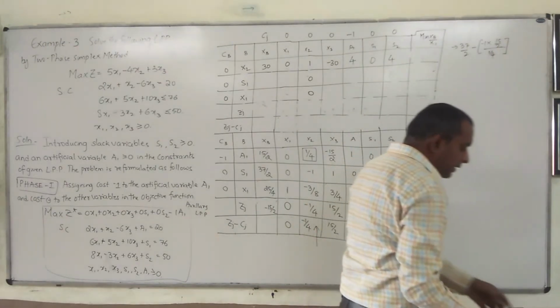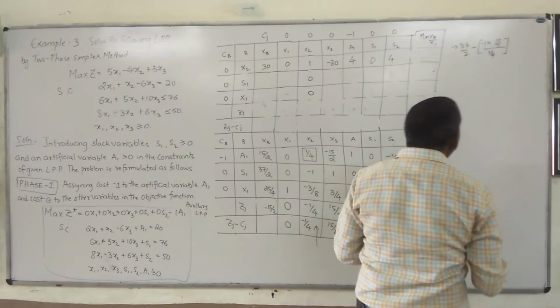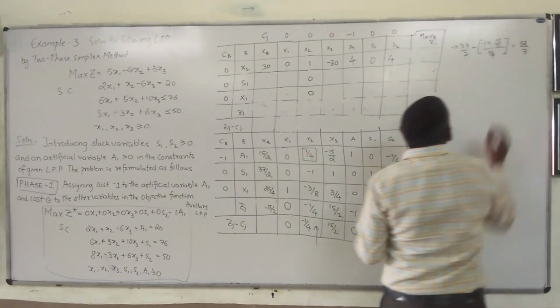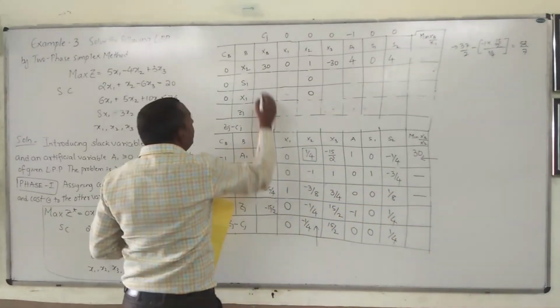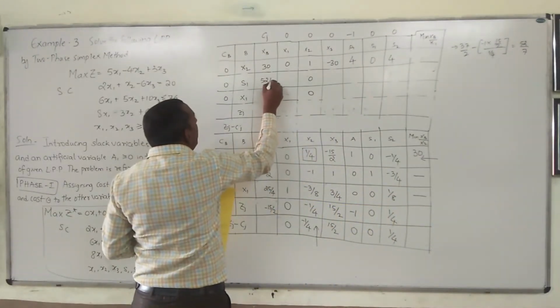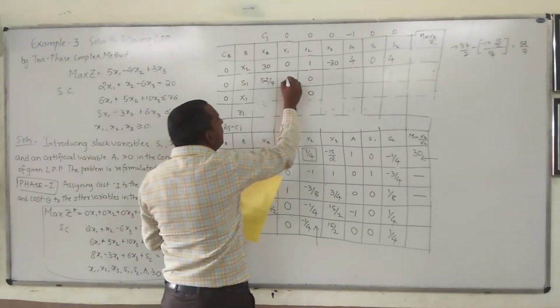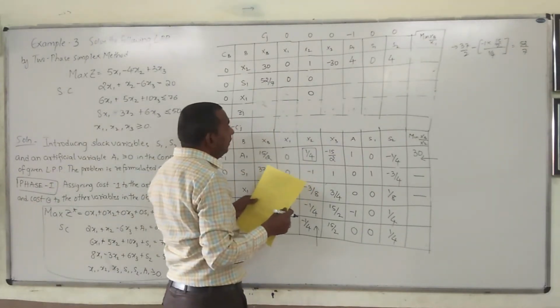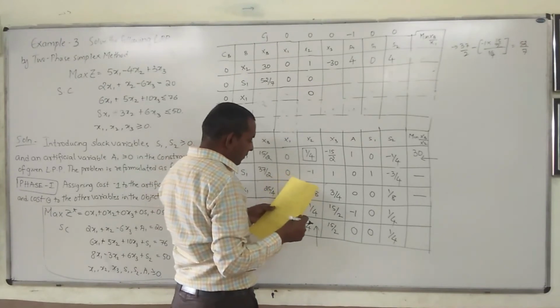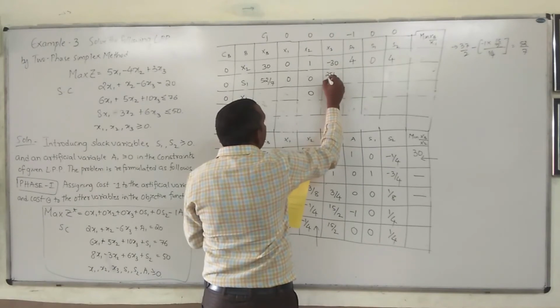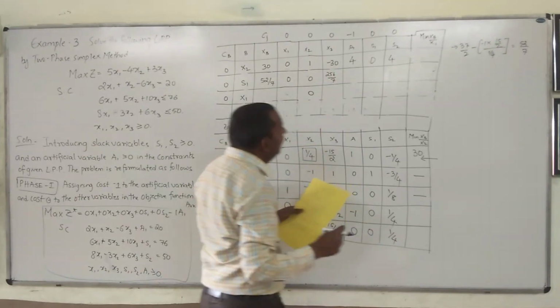What happens here? The answer is 52 by 7. So let me write the direct values here. This will become 0. Fine. And this is 256 by 7. Fine.